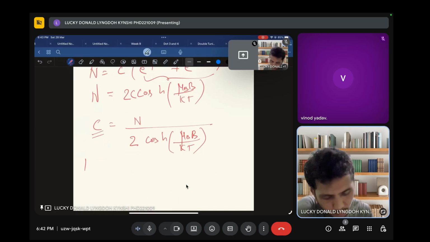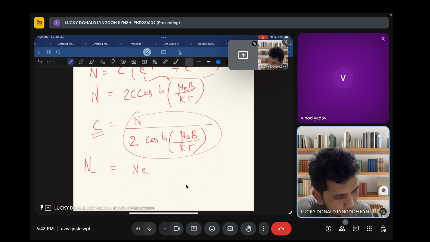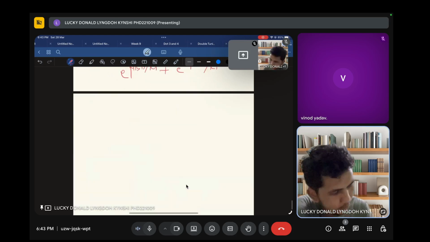So substitute back, we get n minus equal to, you can substitute the value of c with this equation, N e to the power of mu b by kt divided by e to the power of mu b by kt plus e to the power minus mu b by kt. Whereas in the case of n plus, it will be equal to N e to the power minus mu b by kt over the same denominator.